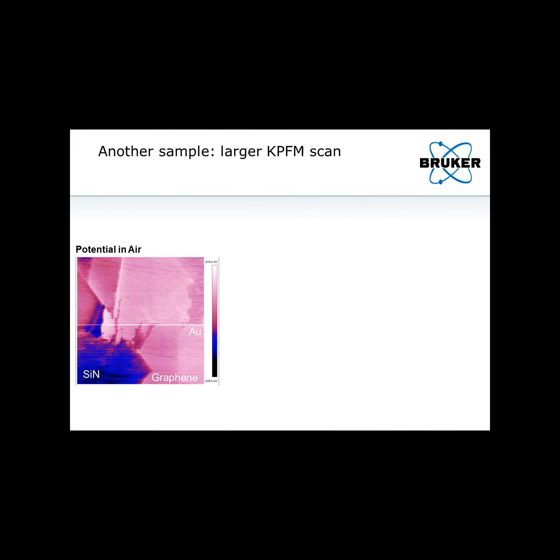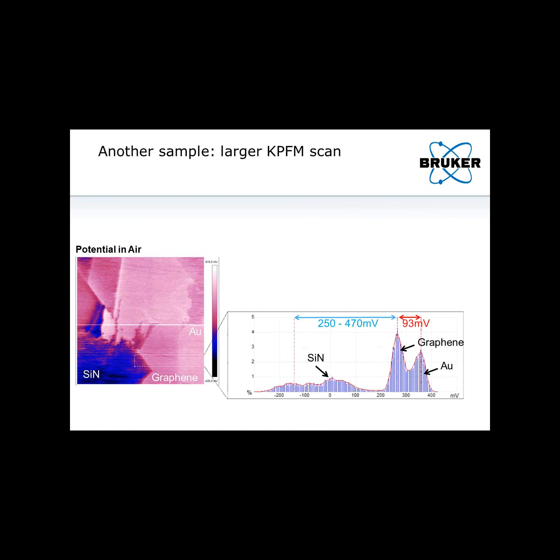And when we scanned a larger area, we saw an image like this in KPFM in air. And if we look at a histogram analysis of the gold and graphene region, we see that there's approximately on the order of 100 millivolts difference between graphene and this gold electrode.